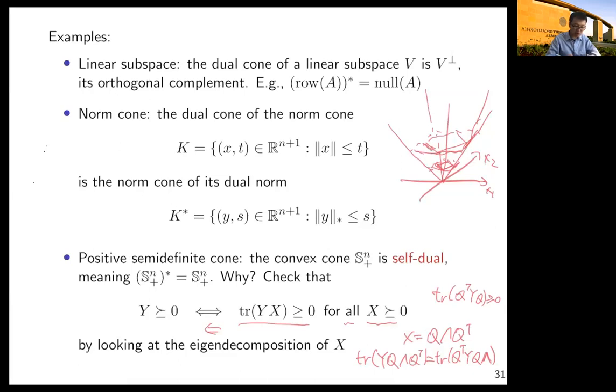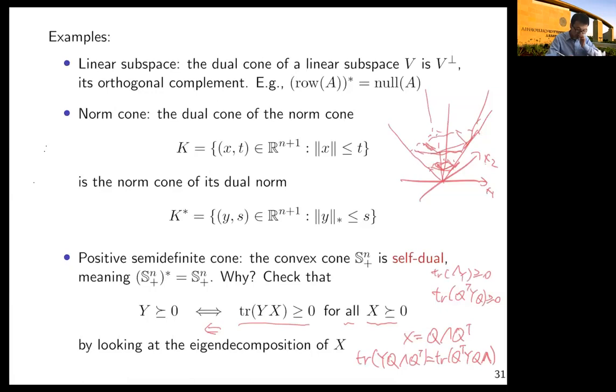So let's choose q to be the one that diagonalizes y. Once we do that, this becomes the trace of the diagonalized lambda y is larger than 0.